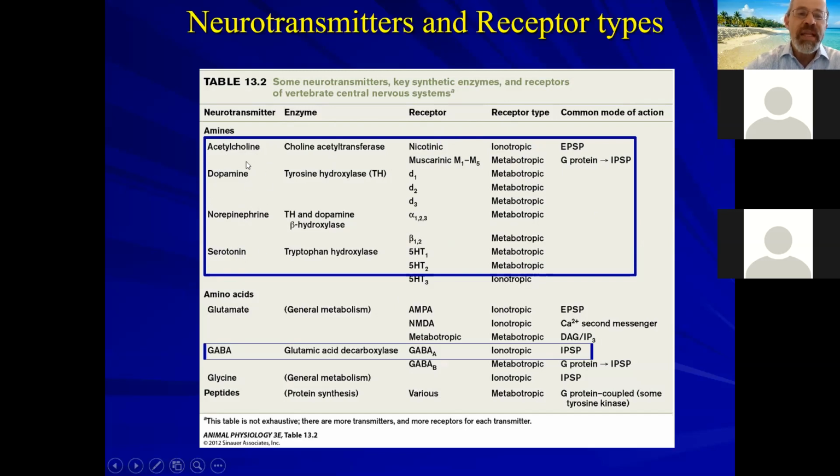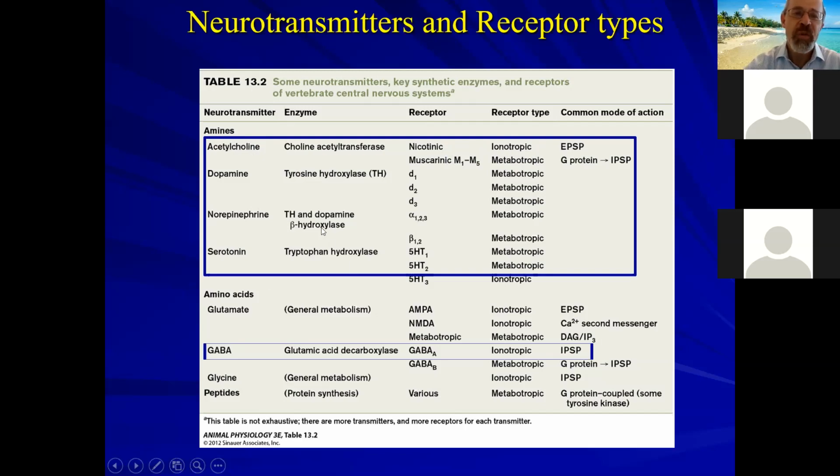Important thing to remember is dopamine, norepinephrine, and serotonin all bind to metabotropic receptors. So a little bit slower. In contrast, acetylcholine has two distinct receptors, an ionotropic and also a metabotropic. And we'll talk about those as well.